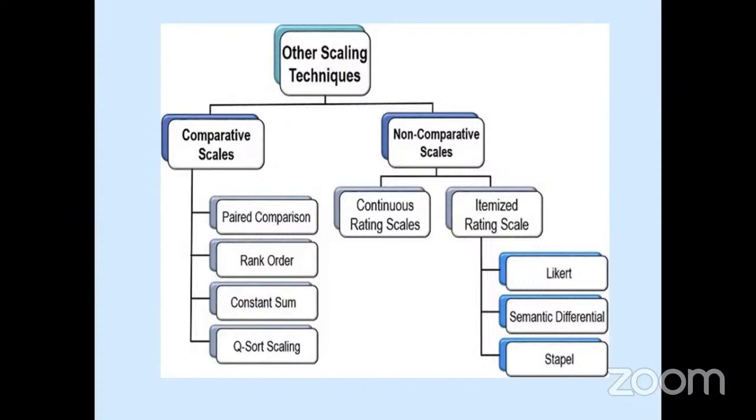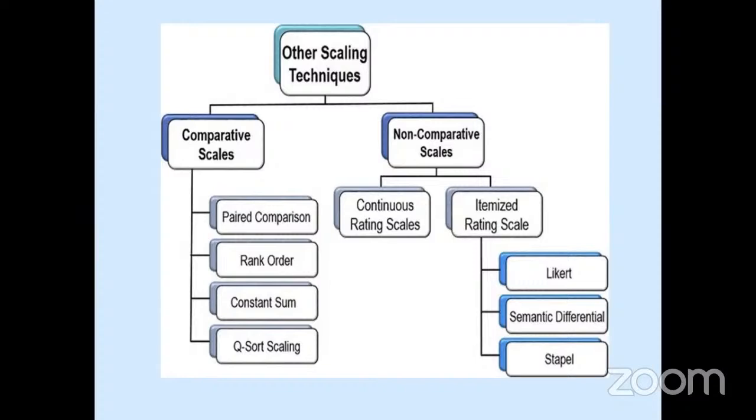So, for example, suppose we have a brand of watches this time. Semantic differential scaling can be carried out to understand the customer's attitude towards this product, like the style, the affordability, the quality. So it can be from stylish to unfashionable, and we can have a scale from +3 to -3.